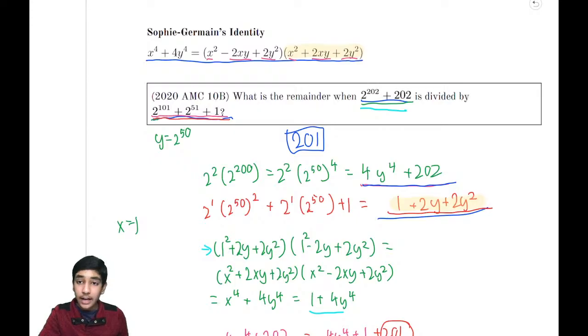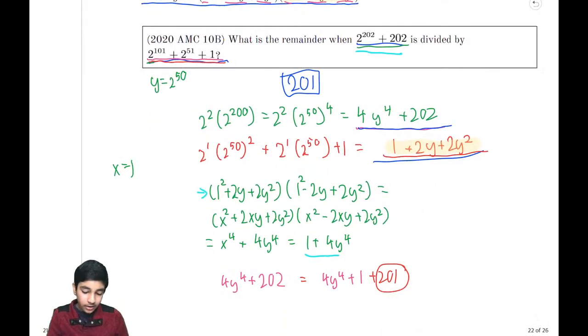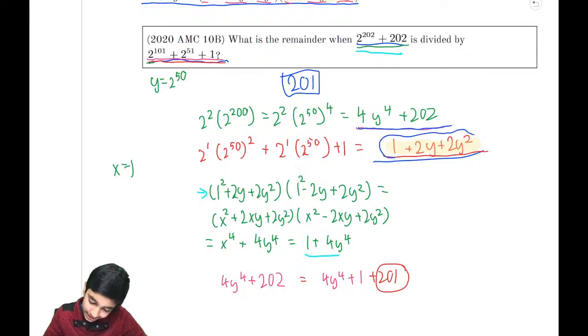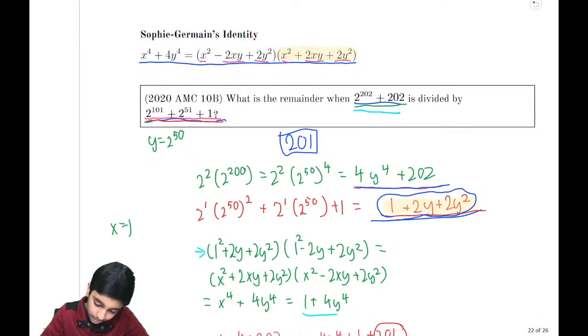Somebody actually asked in a question, what is the motivation for using Sophie Germain's on this problem? The motivation is, first, we just rewrite it in terms of variables. But then we see that this expression here looks so similar to an expression we know as Sophie Germain. The two highlighted portions I explained earlier are so similar.